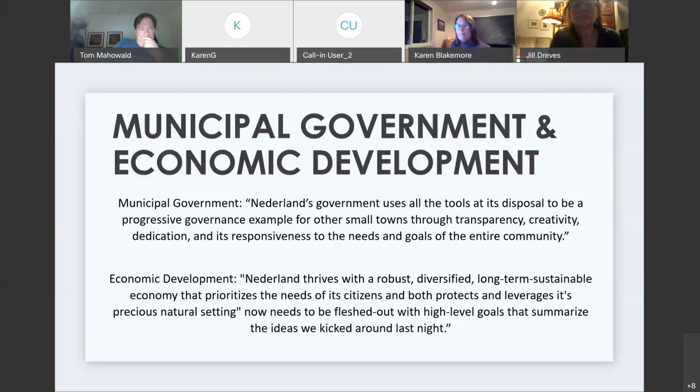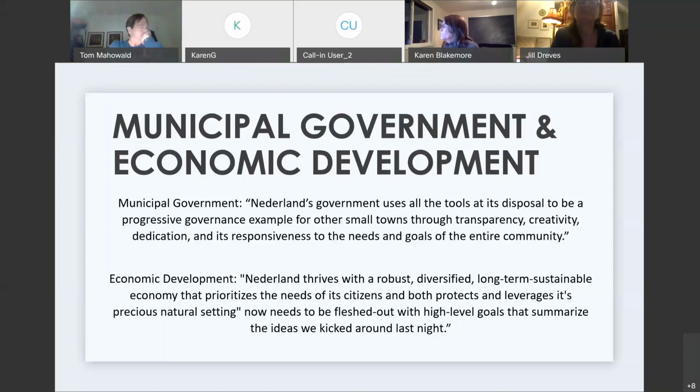I think that might be what "uses all the tools at its disposal" also refers to, because we have so many government partners, whether it's Boulder County Sheriff's Office with our nighttime policing, or, I mean, there's just so many of them across the board. So I think that's included in that. That's one of the tools at our disposal. That was the intent.